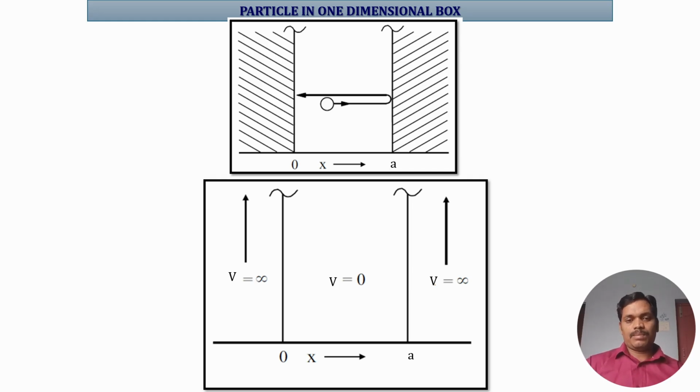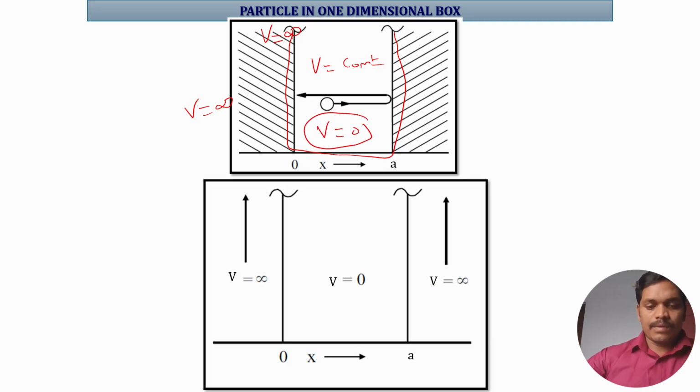The one-dimensional box is having infinitely high wall, and as I mentioned earlier, the potential on the wall is infinity, as well as outside the wall also infinity. Inside the box, the potential is constant. For sake of simplicity, it is taken as 0.